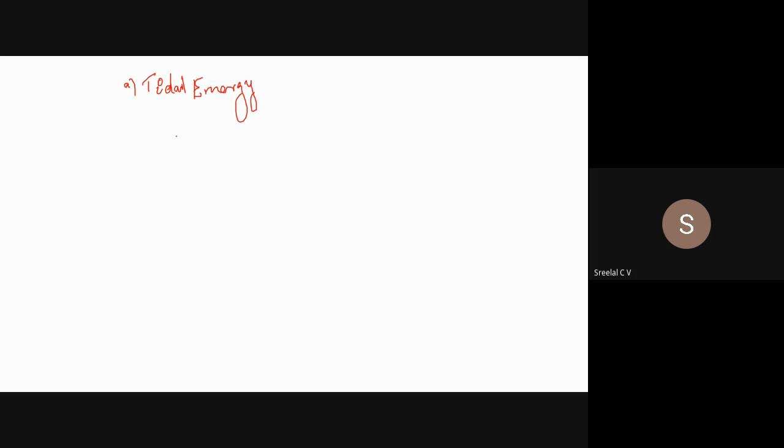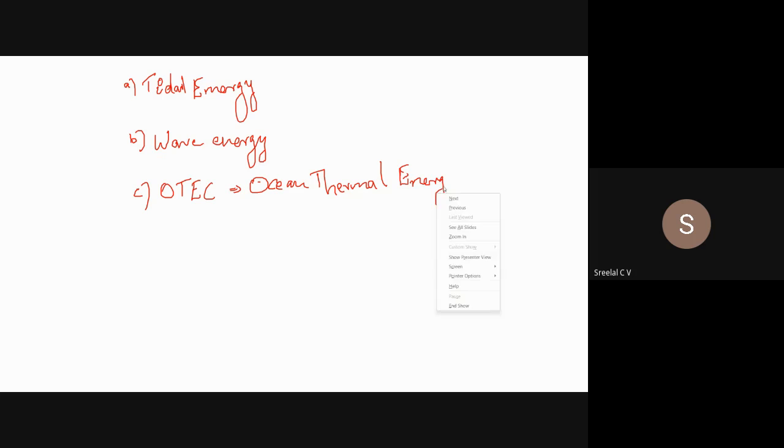The first one is tidal energy, the second one is wave energy, and the third one is OTEC, which is known as ocean thermal energy conversion. Do you understand?